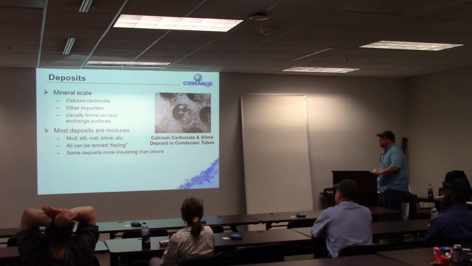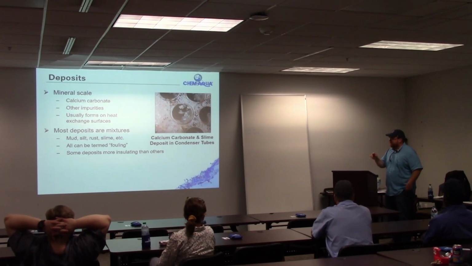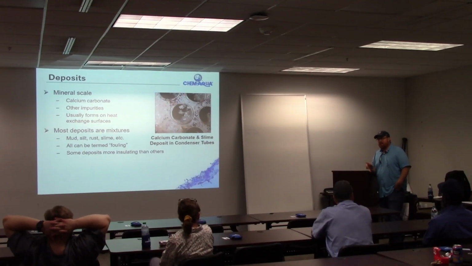So here you've got some mineral scaling in those tubes that can cause insulation that's going to inhibit heat transfer. There's also quite a bit of slime on those tubes as well. It's funny, a lot of people when they do their chiller inspections will say, man, tubes look good, I put my finger in there and they were slick. If they're slick, it means you have a biofilm.